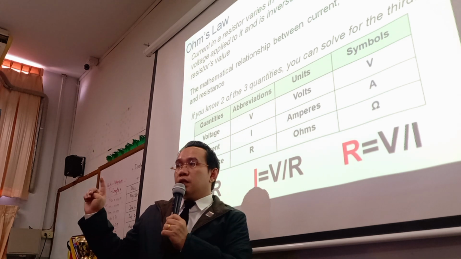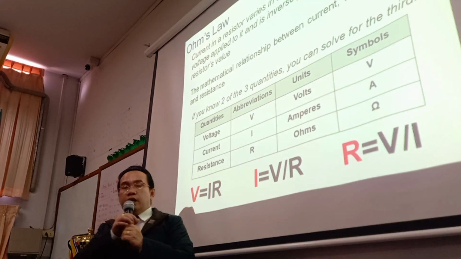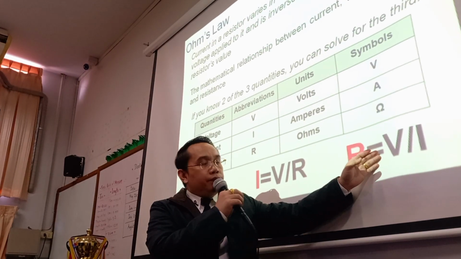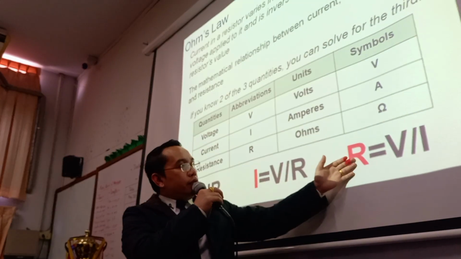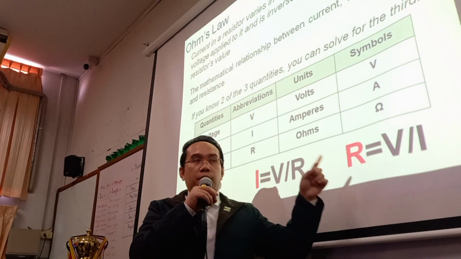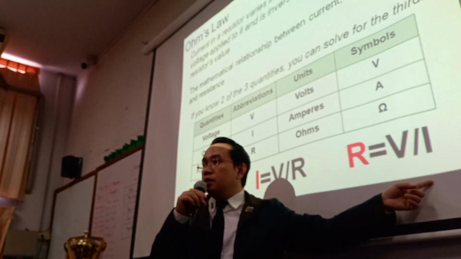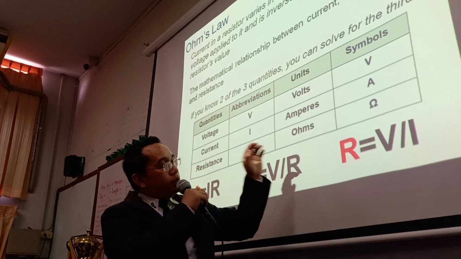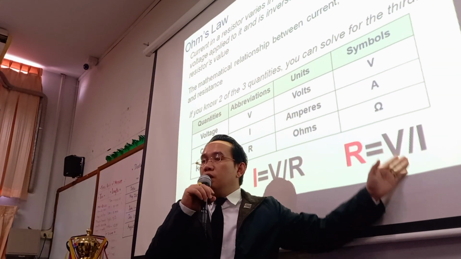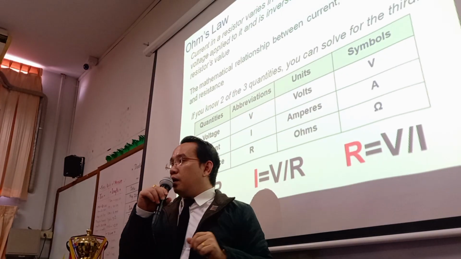Next, what if the resistance is unknown? We need to find out the resistance. According to Ohm's law, resistance is directly proportional to the voltage and inversely proportional to the current. So to simplify, resistance is equal to voltage divided by current.